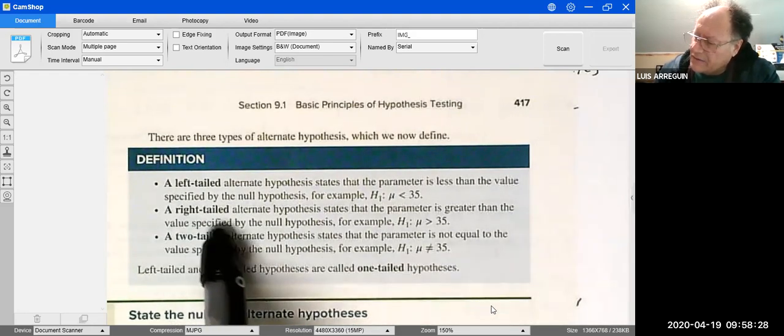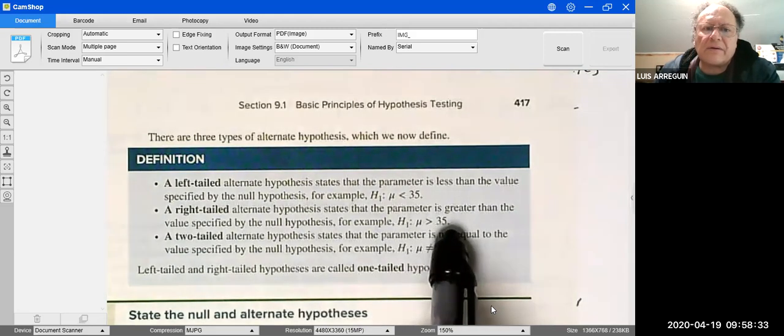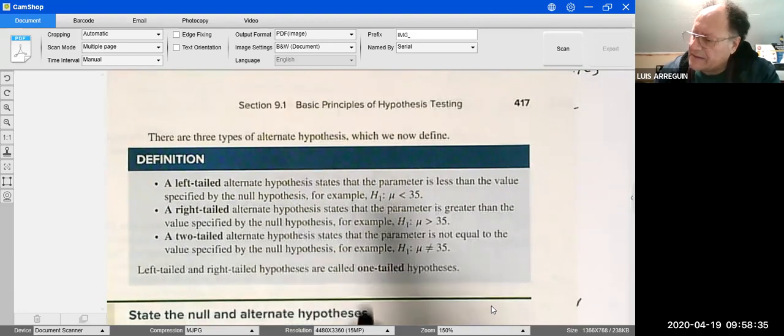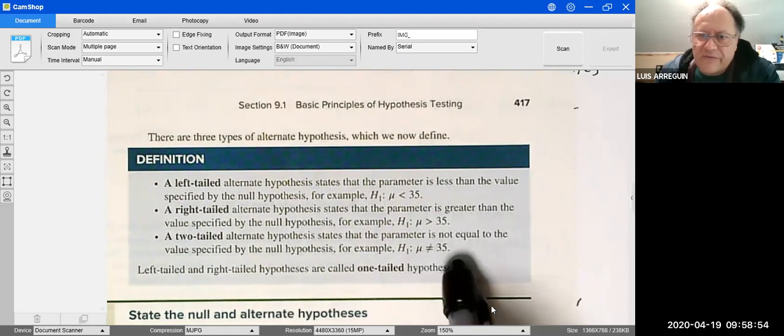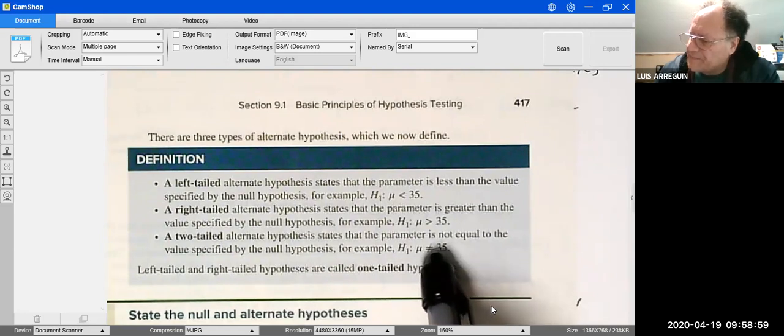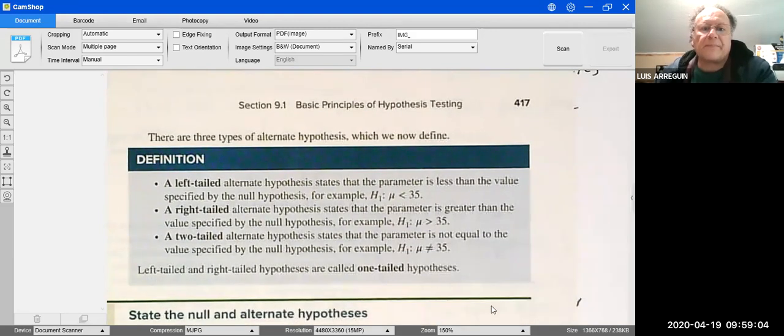On the other hand, you might have the parameter greater than a value, that is going to be a right tail test.